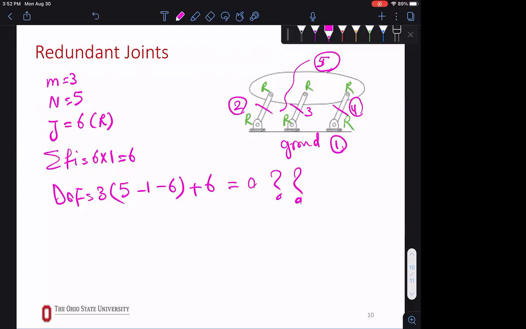So the Gruebler formula will fail if you have over-designed redundancy in the system that doesn't add an extra motion. So you have to be careful when you're using the formula. Why would someone design redundancy?